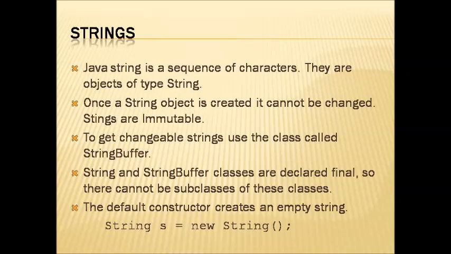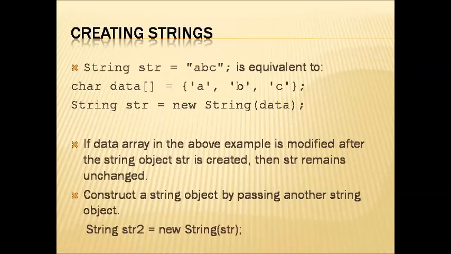So here you can see how we can create a string object. The default constructor method is on the screen. Here you can see String str is equal to abc. Using this we can create a string.